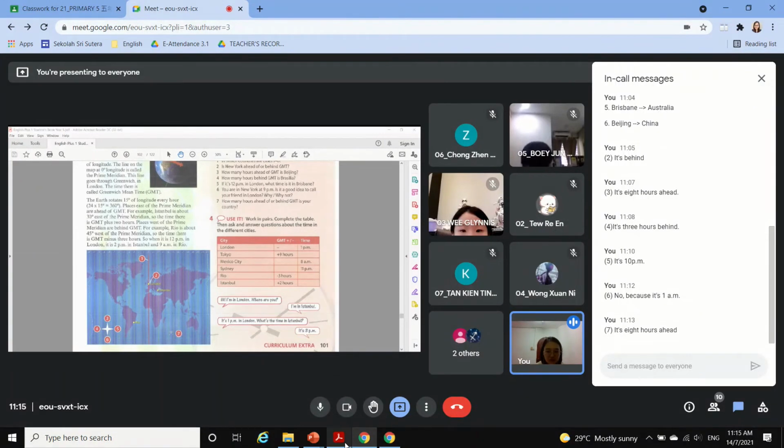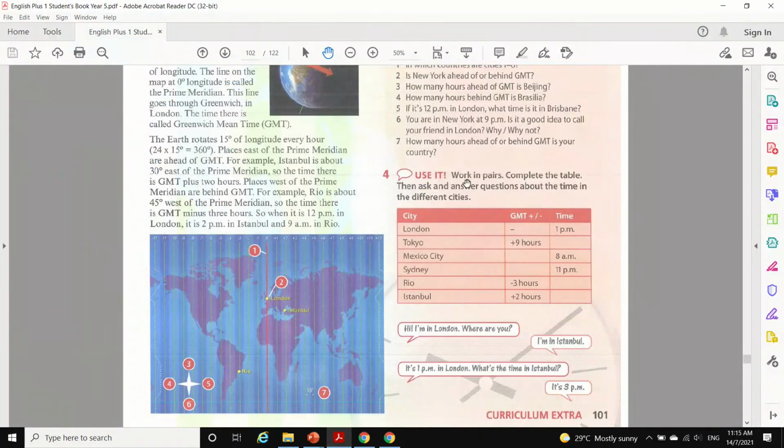Okay, next. Complete the table, then ask and answer questions about the time in the different cities. Okay, London, GMT. London doesn't have any GMT offset. So now London is 1 p.m. Tokyo, we have to plus 9 hours, meaning we go forward 9 hours.